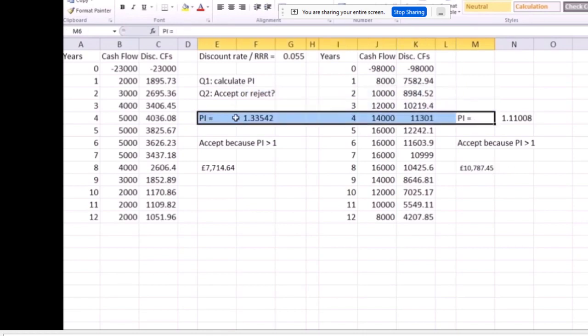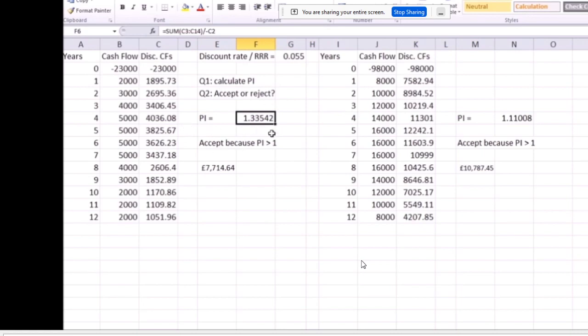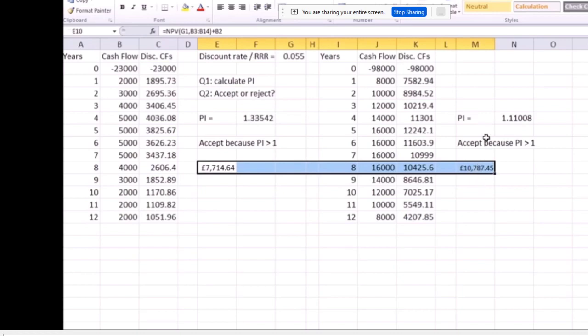The profitability index suggests that we should choose the project on the left because the profitability index 1.335 is bigger than the profitability index on the right, only 1.11. But again, in any sort of conflict, NPV always wins. The project on the right generates more than $10,000 in additional value to the firm, whereas the project on the left generates less than $8,000 in additional value to the firm.